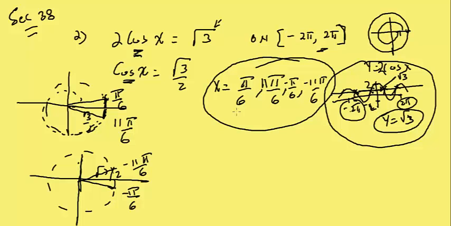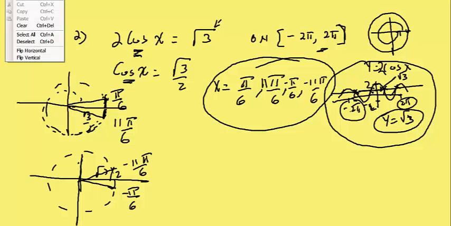Okay, so let's go to a more challenging one like number 4. In number 4, you have 2 sine of 5x plus 4 is equal to negative rad 3.